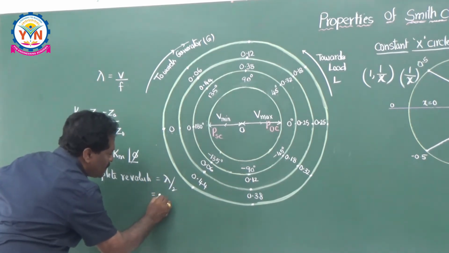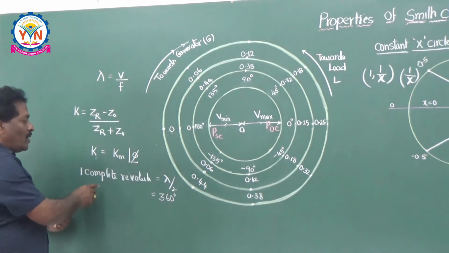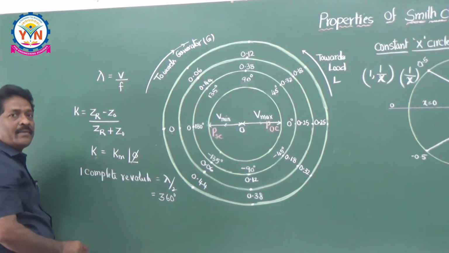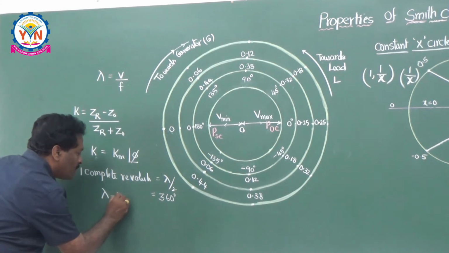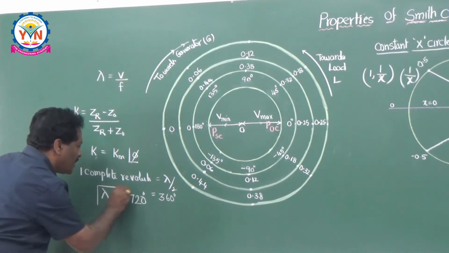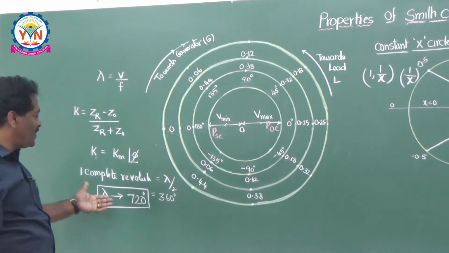That means this is equal to 360 degrees. So one wavelength lambda corresponds to 720 degrees. That means you have to rotate twice around the chart. What is this lambda? Lambda is nothing but the wavelength.